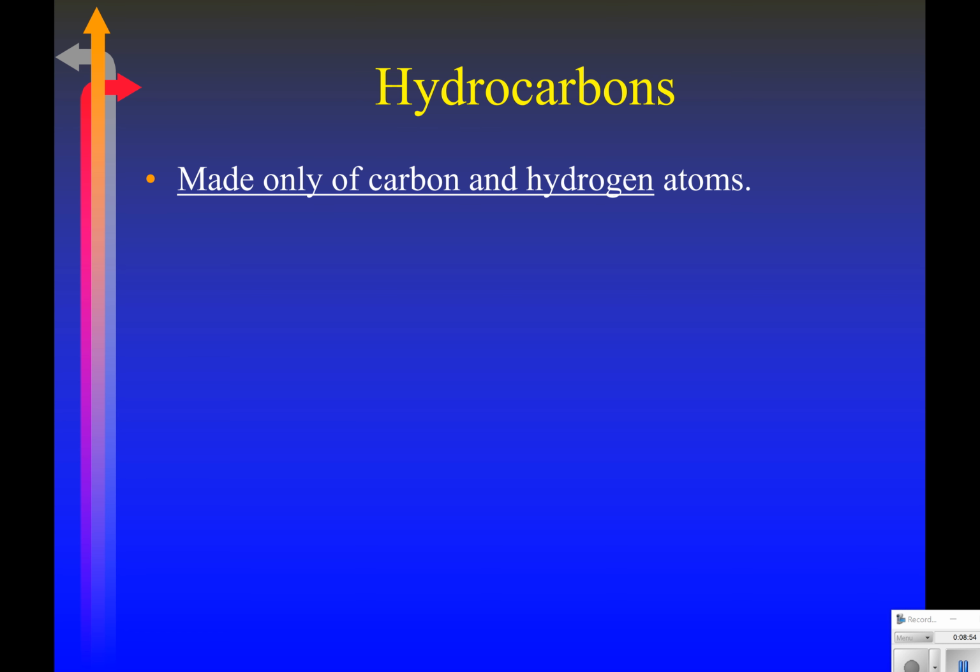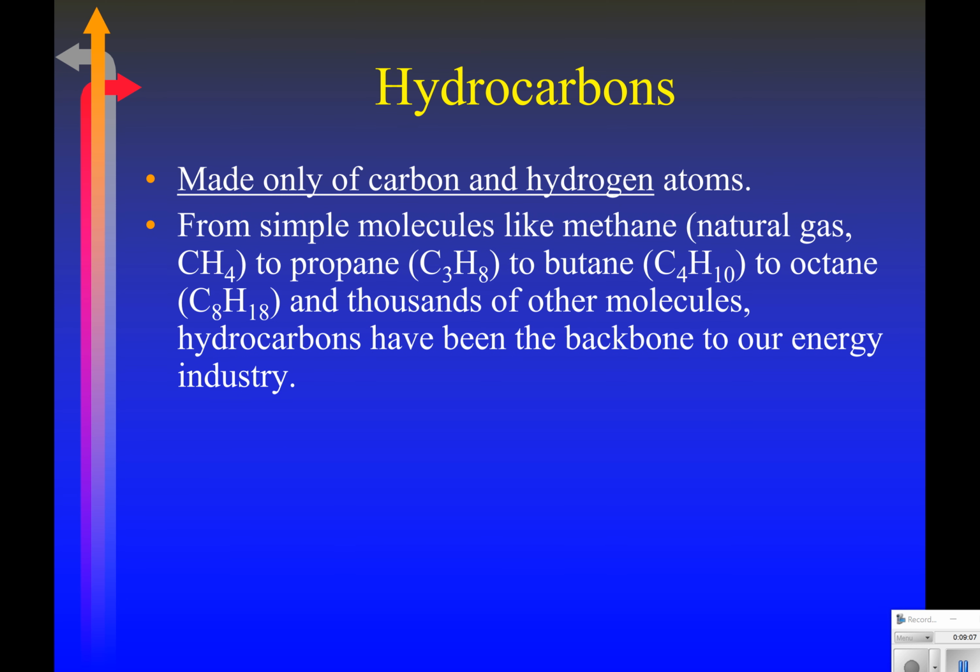Now, hydrocarbons, which we'll focus on for pretty much the remainder of this lesson, are molecules that are made only of carbon and hydrogen atoms, which you might think, well, it's got to be relatively easy, but they come in a lot of different forms.